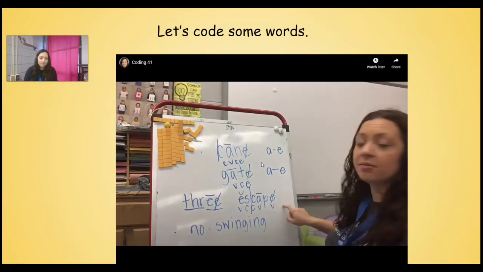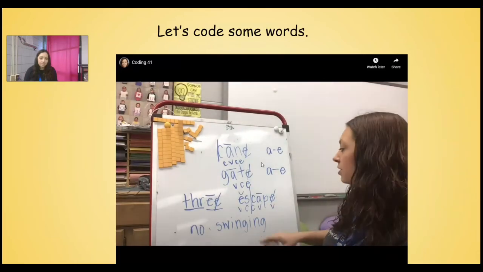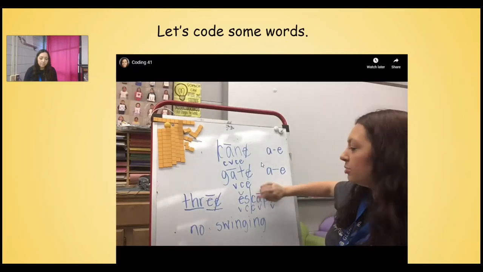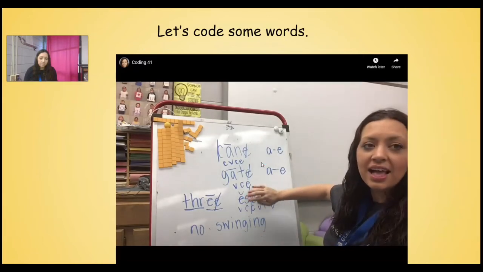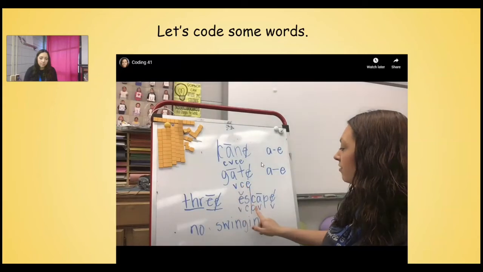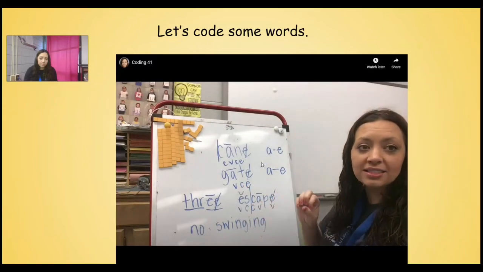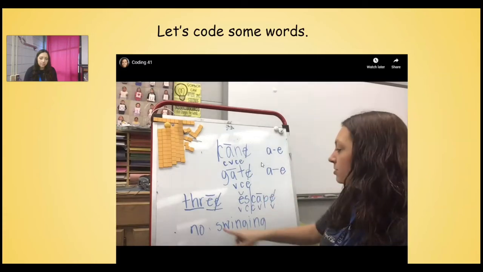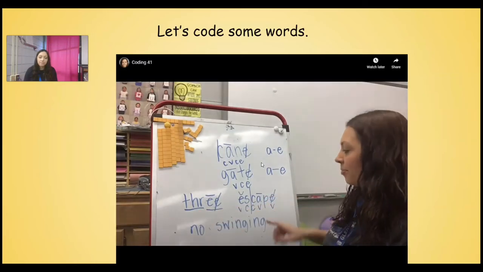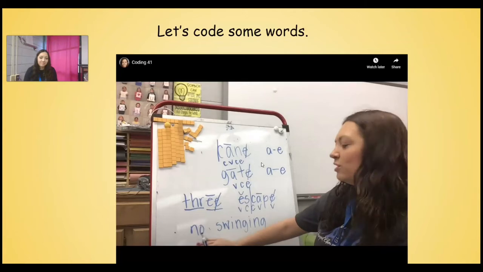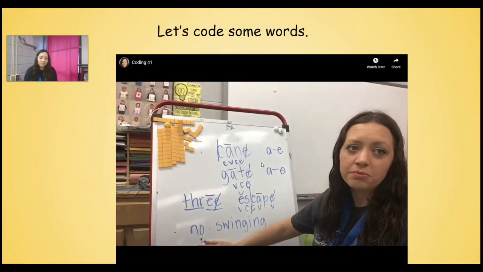So I have to check my end of the word too. So now if I break it apart, my first syllable says s, s, and then over here I have k, ape, cape. So escape, escape. Very good.